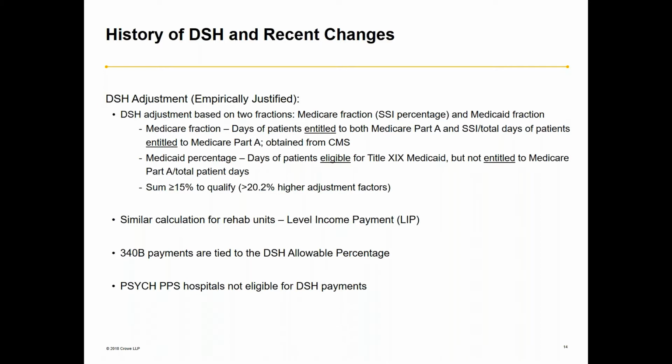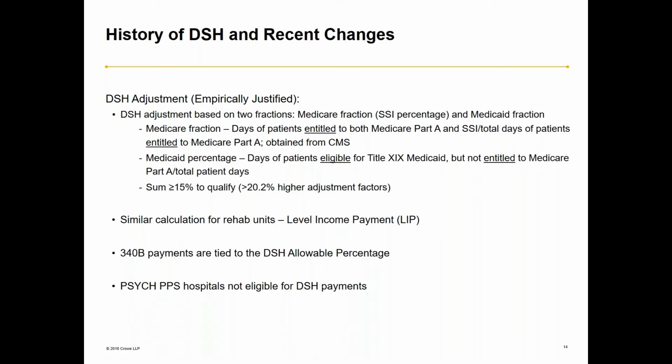So that's one of the reasons that over the past several years there's been a lot of different changes to how that number has been calculated. But even with the most recent changes, there still are issues with the numbers, and there are still appeals going on regarding the SSI.